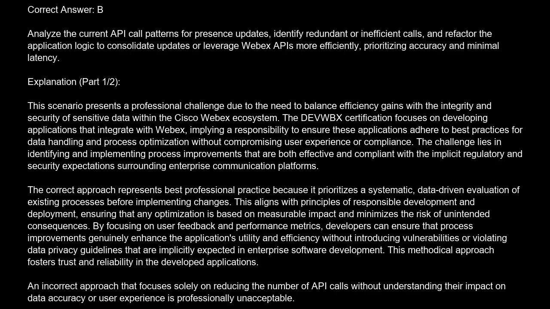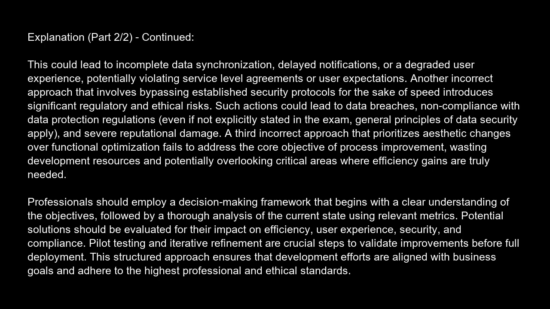An incorrect approach that focuses solely on reducing the number of API calls without understanding their impact on data accuracy or user experience is professionally unacceptable. This could lead to incomplete data synchronization, delayed notifications, or a degraded user experience, potentially violating service-level agreements or user expectations. Another incorrect approach that involves bypassing established security protocols for the sake of speed introduces significant regulatory and ethical risks.